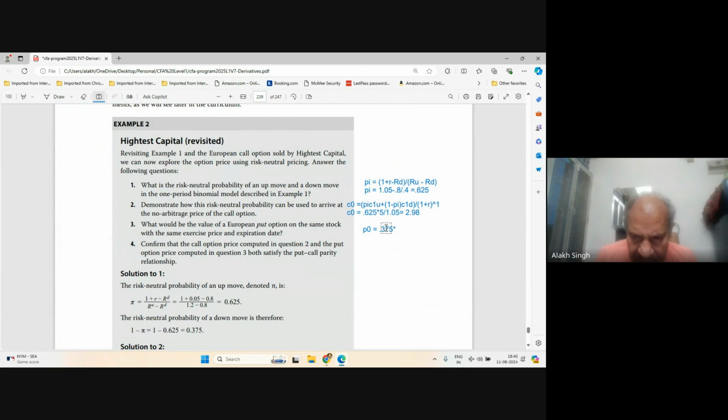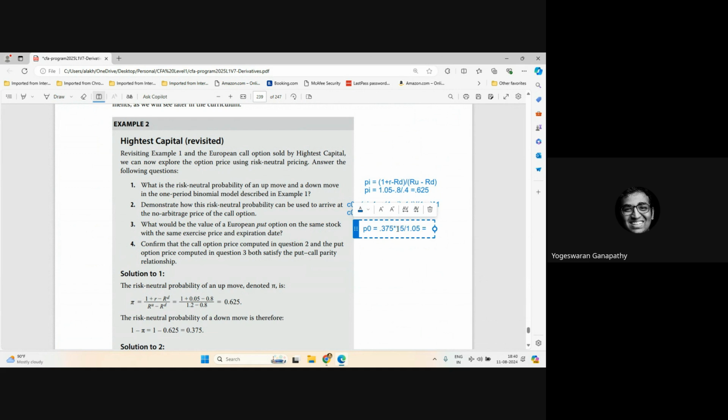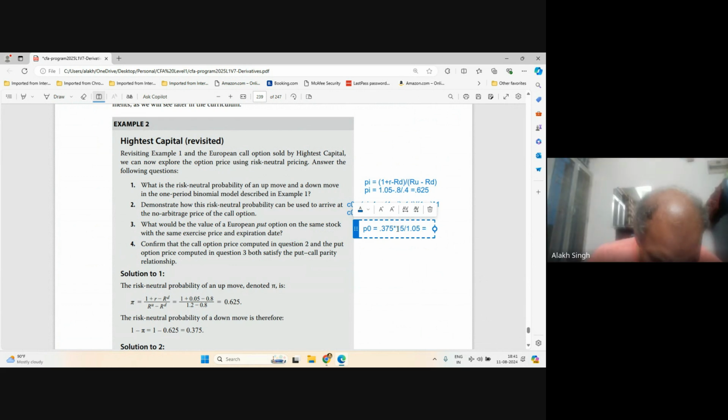So this times 15 and divided by 1.05. Okay, do this calculation. How much do you get? 5.35. Okay, we calculated that.